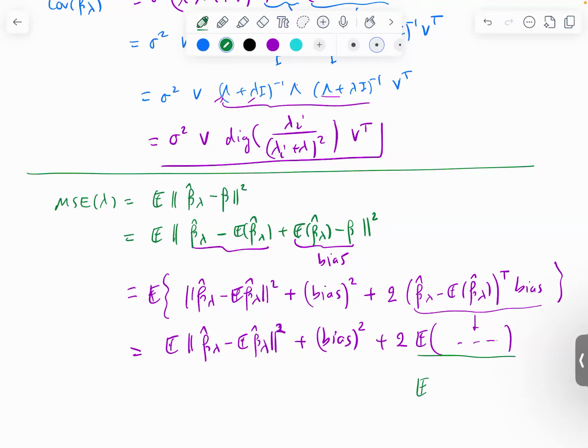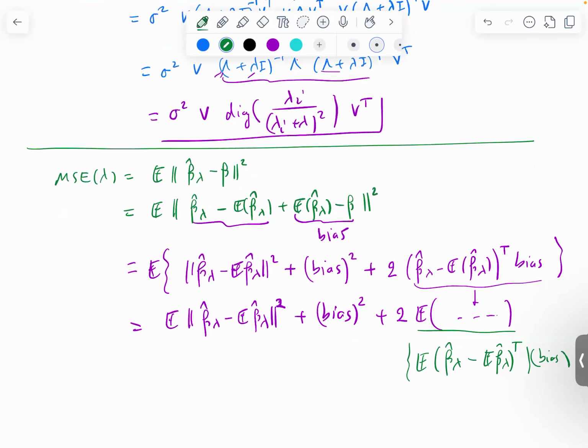You get the expectation of beta hat lambda minus the expectation of beta hat lambda, transposed, and then the bias goes out because it's constant. By linearity of expectation, I can pull it out. And the expectation also goes inside the transpose. Transpose is also a linear operator, so you get the expectation of beta hat lambda minus the expectation of beta hat lambda. And at this point, you can see why it's 0. Okay?